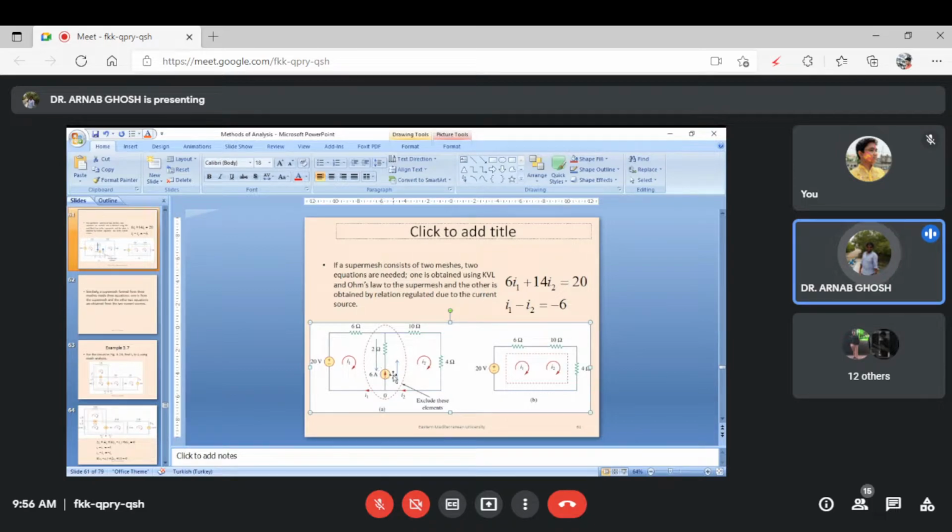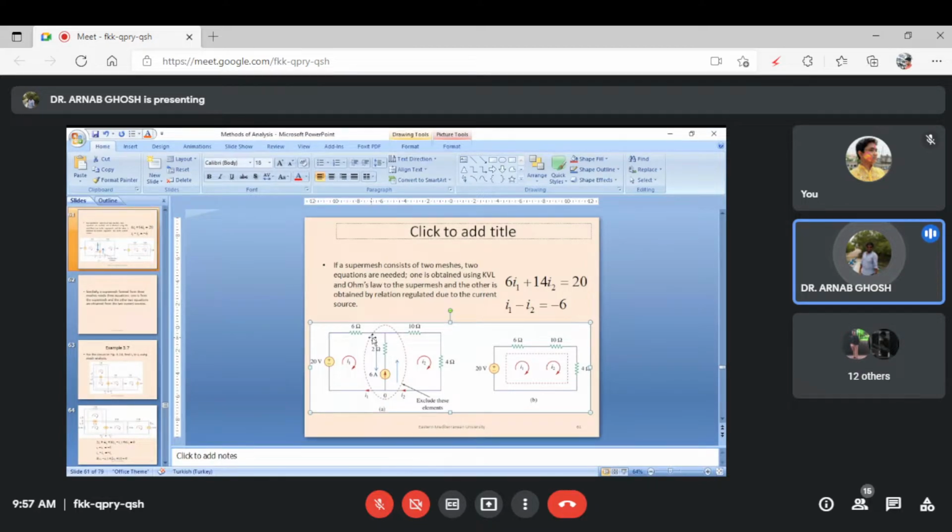So I1 in this, I2 in this, but what is the direction of the 6 ampere given? This is given in the upward direction. So when you are writing I1 minus I2, as the direction of 6 ampere is in the reverse direction of that of I1, we are writing this as minus 6. If the equation was I2 minus I1, we should have written 6 ampere.